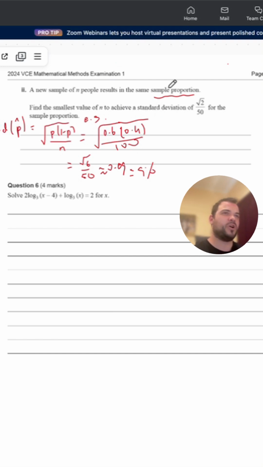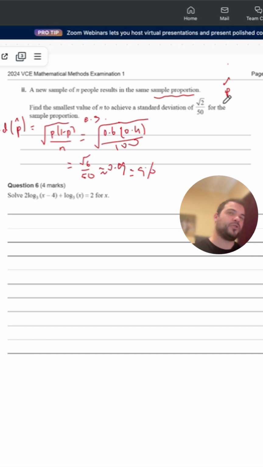But what are we told in this question? We're told that with the new sample of n people, this results in the same sample proportion. So we still have 0.6 as our sample proportion. Now, for the particularly astute viewers out there, you'll notice that for the confidence interval, when I calculated this square root of p times 1 minus p on n, I didn't actually have p.